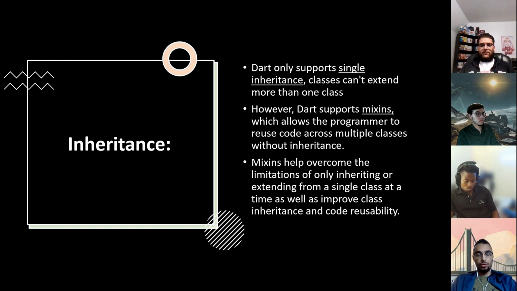Now for inheritance. Dart does not allow you to extend more than one class. So classes can only inherit at a max one other class. To work around this, Dart supports something called mixins.